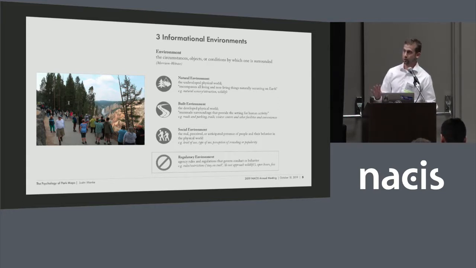And then I'll add a fourth that doesn't have a physical presence so much, but rules and regulations, so about how you ought to behave, stay on the trails, and then open hours and fees. That's also good information that you might want to have.